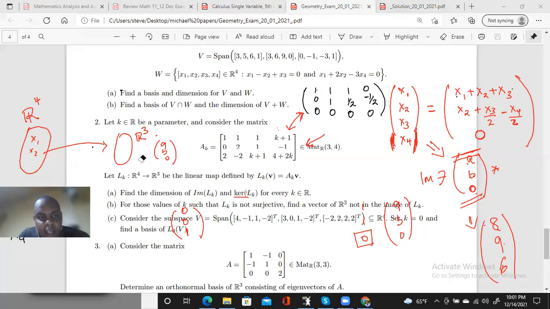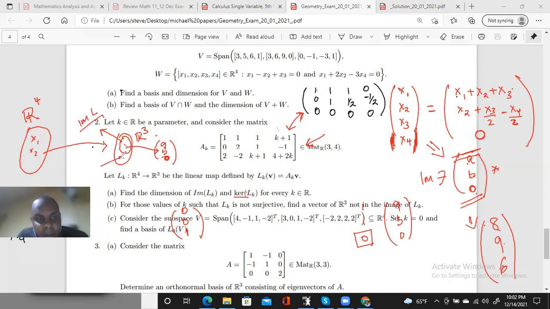And it's not surjective. Not surjective means that it's going to take vectors into R3, but we are going to have other vectors that are not inside the image. The image of L is the one that has vectors of this form: A, B, a number, and a 0 at the end.